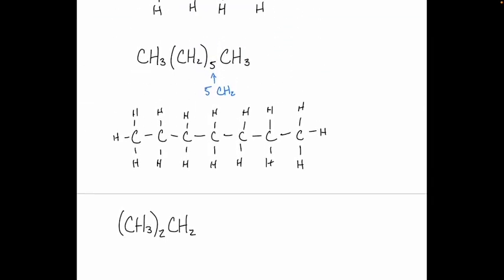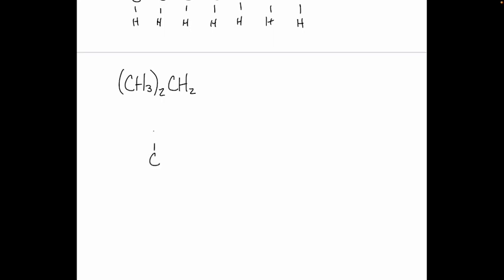Before we had CH2 in parentheses, right? So that's in the middle of a molecule, a carbon with 2 hydrogens. CH3, I can't put down one CH3. Well, I put down one, everything's all good. If I put down another CH3, I'm done, right? I don't have this other carbon and hydrogen on here. So these CH3s, these are what we call methyl groups. They're always sticking off on the end. So in this case, I need to have one carbon. Both of these CH3s are attached to this carbon right here.